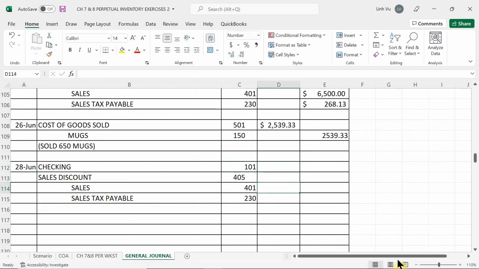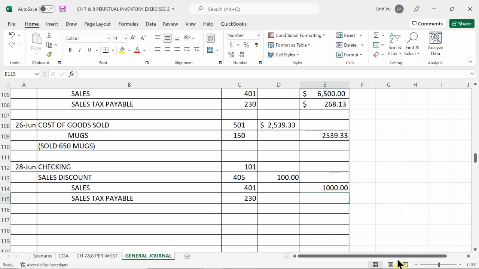So let's calculate what we originally sold to him. We sold 100 mugs at $10 each. 1,000. Okay. If he's getting a 10% discount, how much is that off? $100 off. Okay.